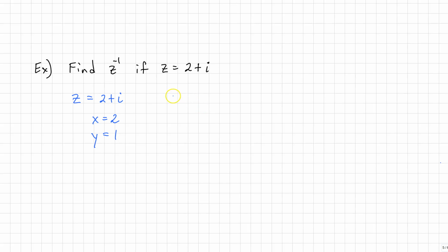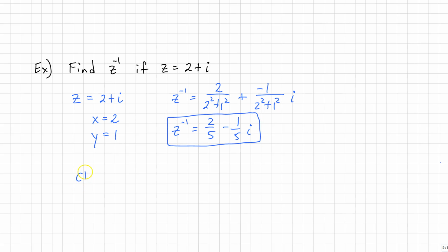So its multiplicative inverse would be 2 over 2 squared plus 1 squared plus negative 1 over 2 squared plus 1 squared i, which would be 2/5 minus 1/5 i. So that would be its multiplicative inverse. So let's check that that actually is the multiplicative inverse.